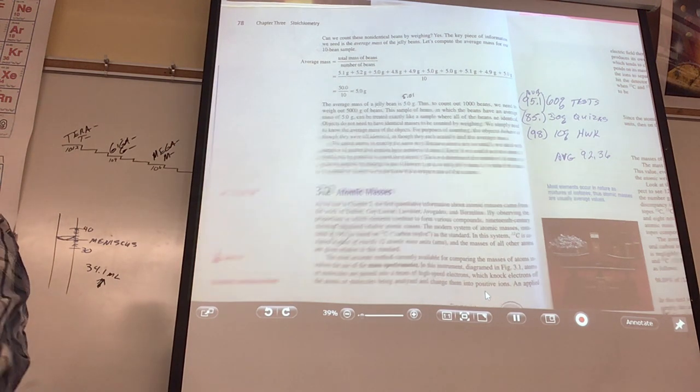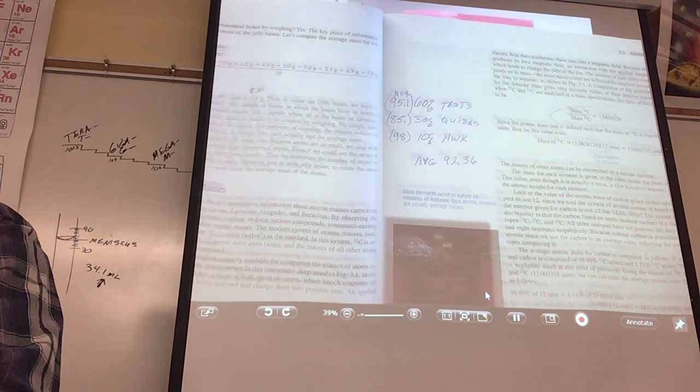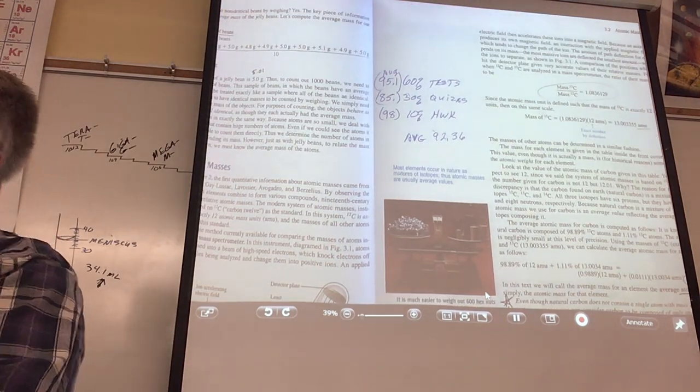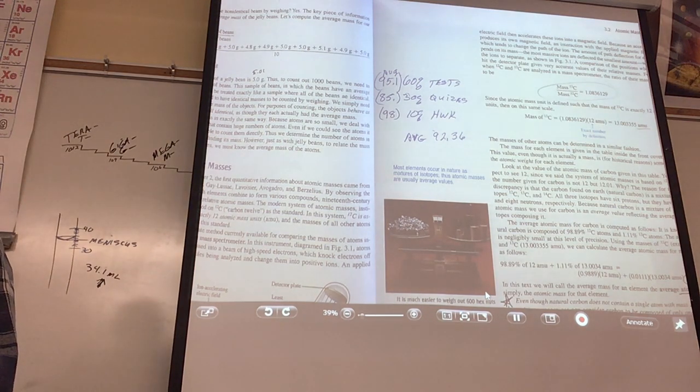Now, I want to show you real quickly, then I'll stop here. First of all, when you're talking about the mass of atoms, and I've talked about this in physics too, you have to have a standard. Does anybody know what the standard is? They decided we have to have a standard mass, and if you're twice that mass, then you'll be twice the standard.